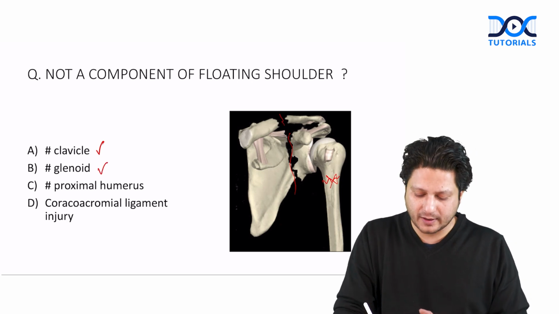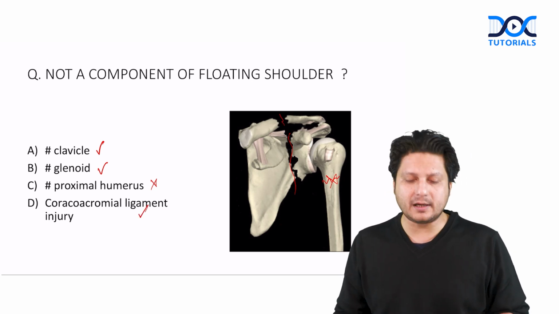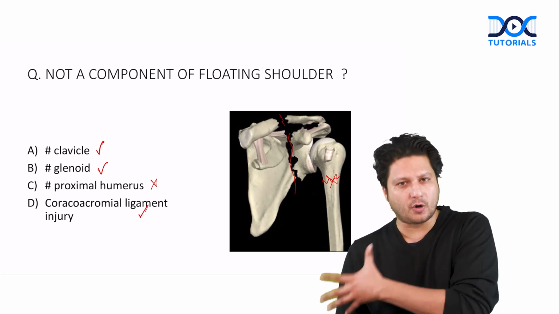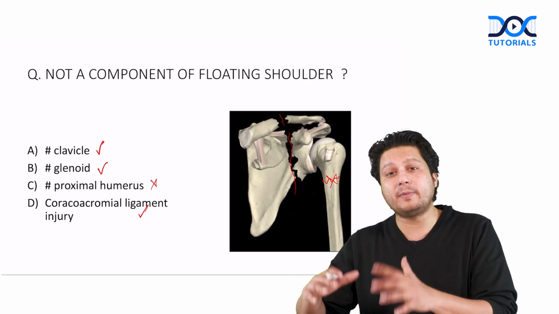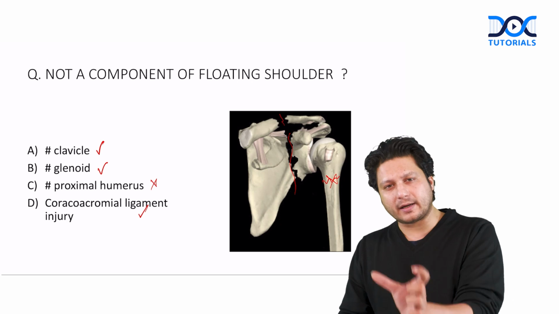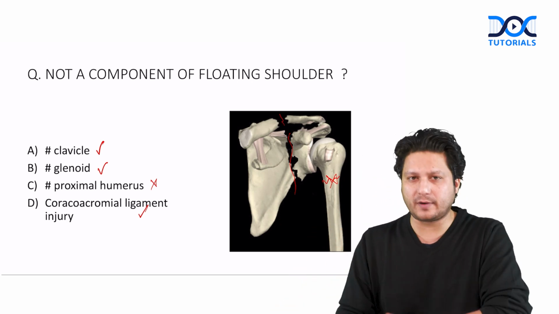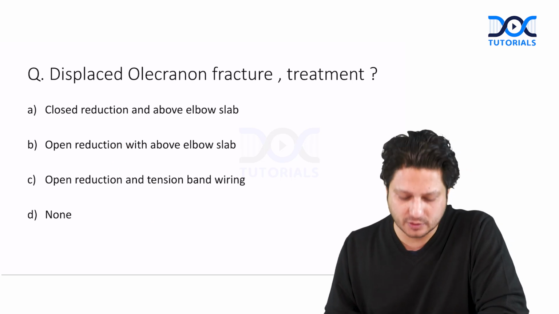Fracture glenoid, yes. Fracture proximal humerus, no, it is not the requirement. And coracoacromial ligament injury means any other soft tissue around the shoulder could be associatedly injured. Hopefully you get the answer for this question in particular.